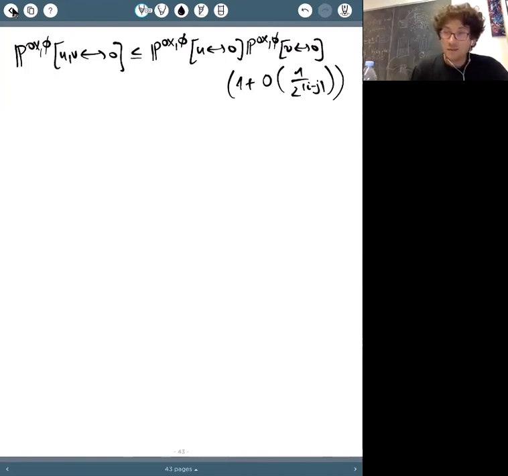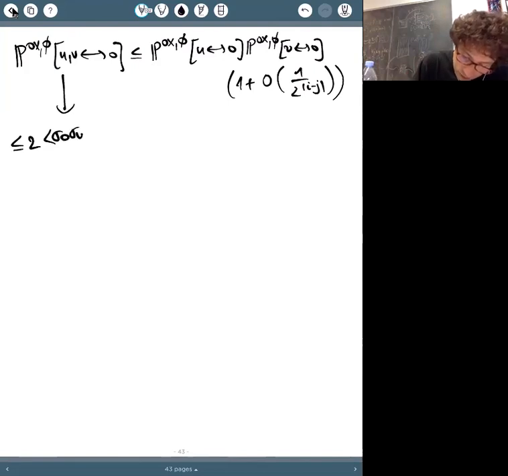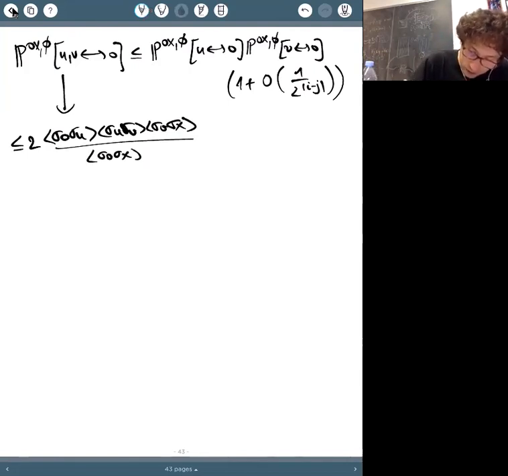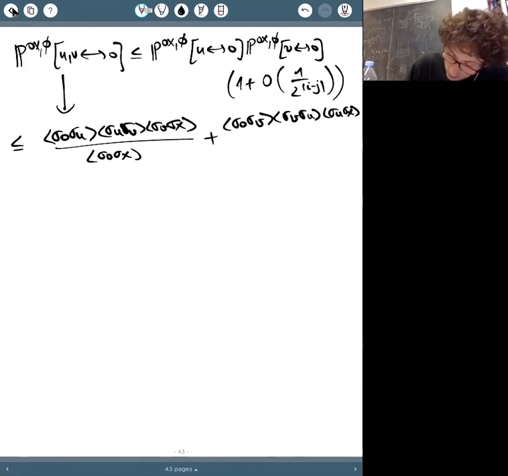But this, actually, we already kind of proved, because this thing we said was smaller than sigma 0 sigma u, sigma v sigma x divided by sigma 0 sigma x. Sorry, it was not twice. It's plus sigma 0 sigma v, sigma u sigma x divided by sigma 0 sigma x.